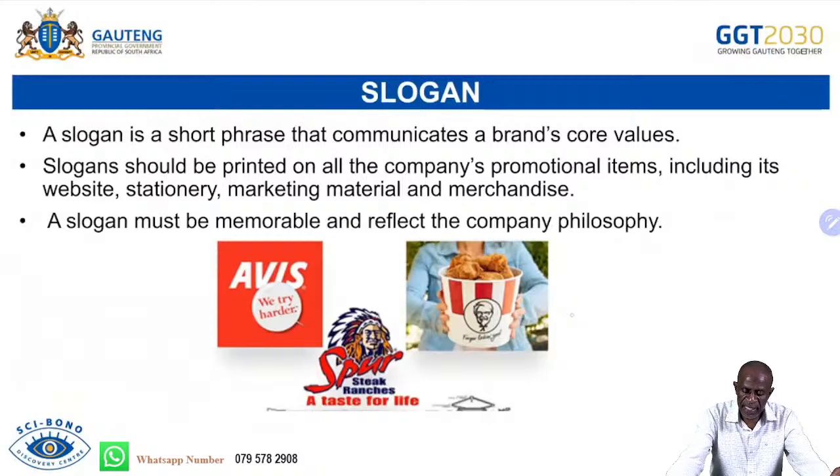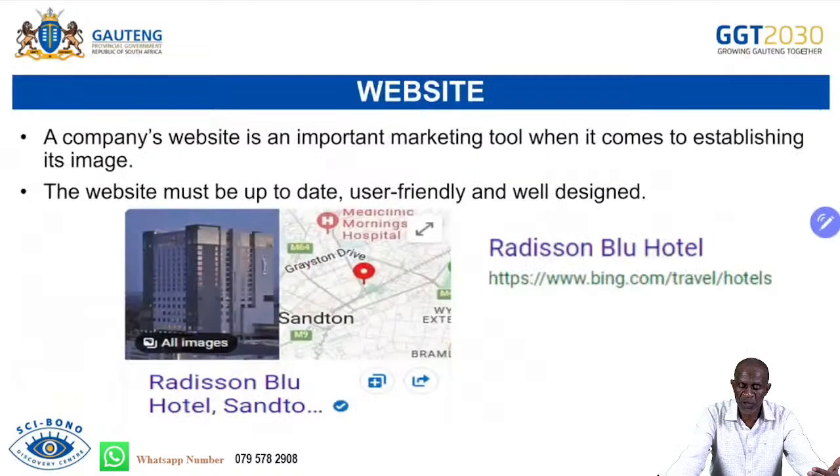With Spur, it's a taste for life. All those are slogans. And with Standard Bank, they would say simpler, better, and faster. Avis, we try harder. Those are slogans, and they help you to create the value of such a brand name.